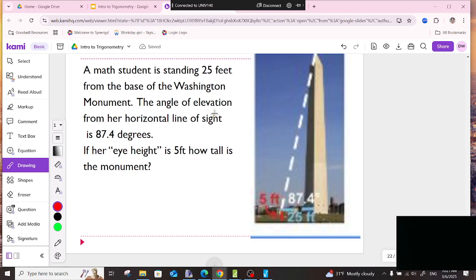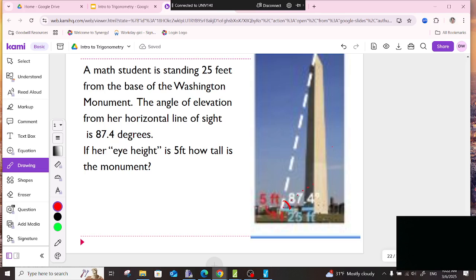Meaning, if I'm using some device to measure angle, I'm only measuring it from my eye up. So I have to add my eye height, which is 5 feet. My eye height is a lot less because I'm under 5 feet tall. So if this is my angle right here, put my finger there.